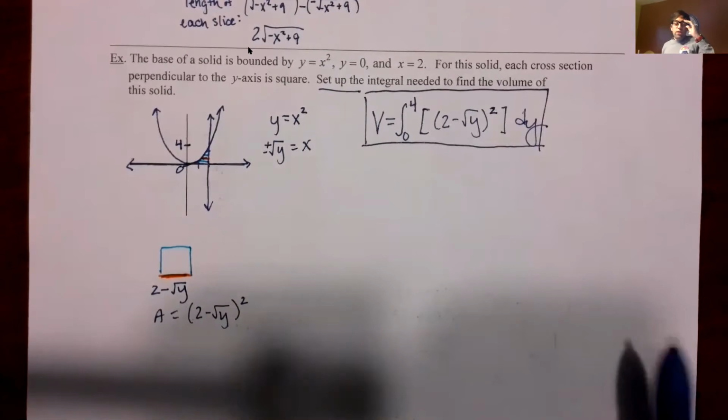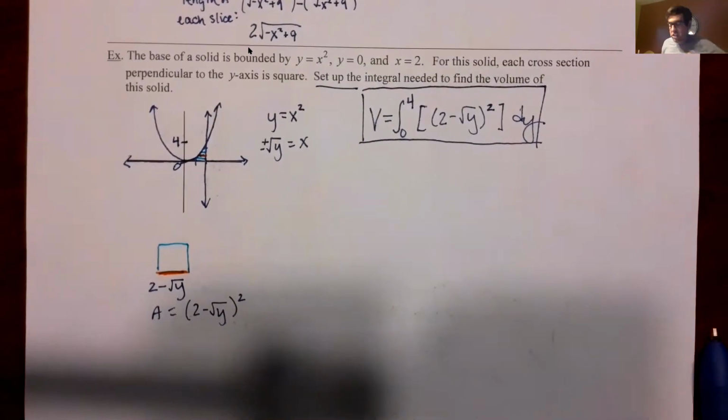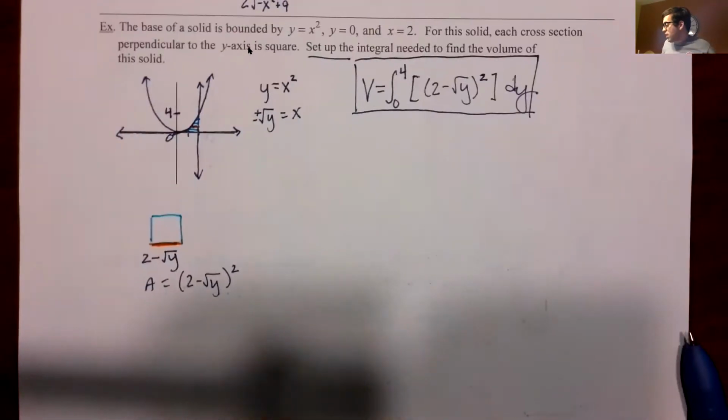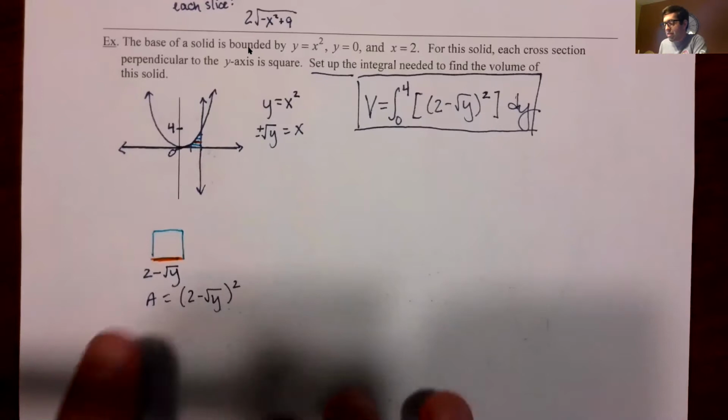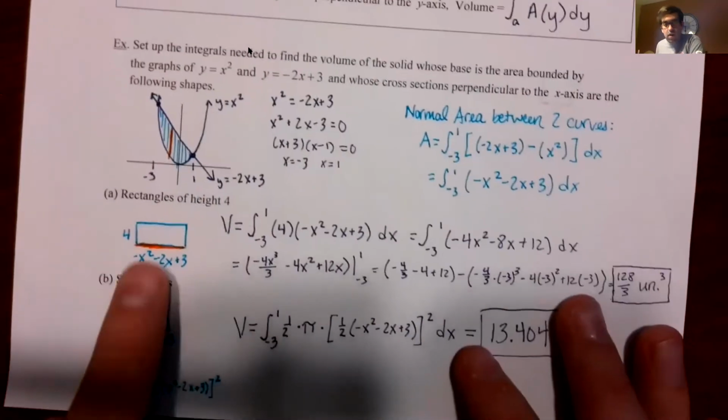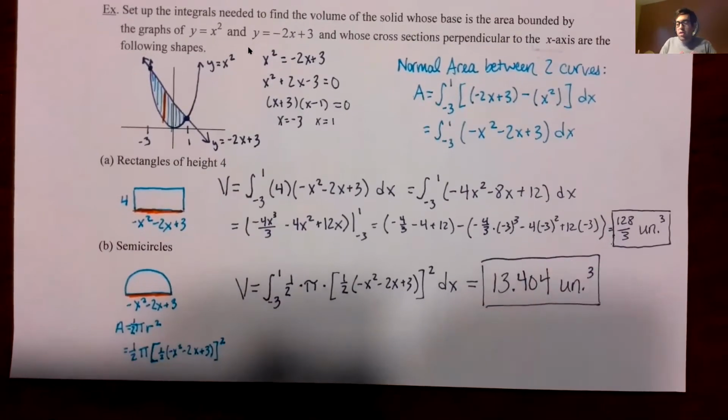All right, and what you're going to see when you get to the worksheet, because that was the last question, is that you have just seen how to find the volume when the cross-section is a square, when it's an equilateral triangle, when it's a rectangle, and when it's a semicircle. But those are not the only shapes that we know of, right?